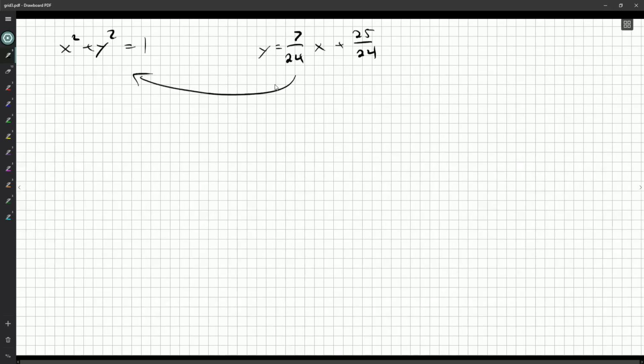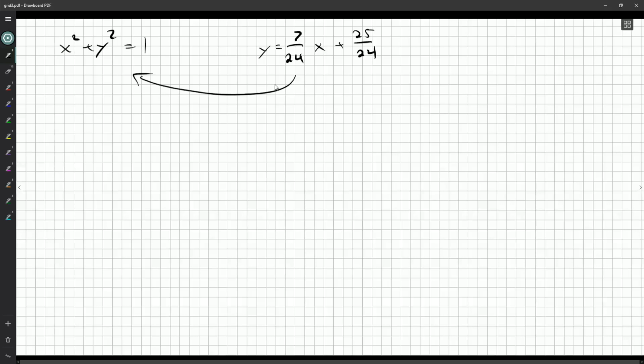You could check the line is tangent to both circles, by asking, well, the first circle is x squared plus y squared equals 1, and my equation is y equals 7/24 x plus 25 over 24. If I plug that in here, do I get just one solution for x? Okay. This could also be another approach to figuring out something like the y-intercept.